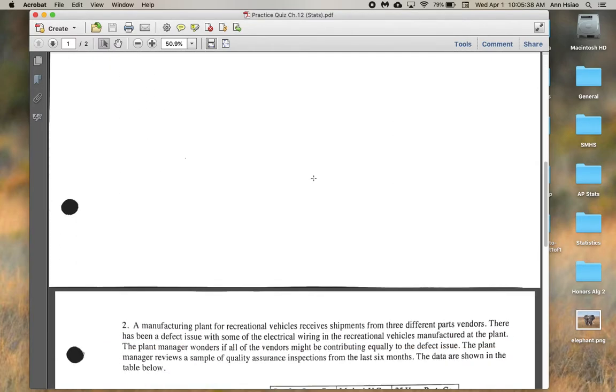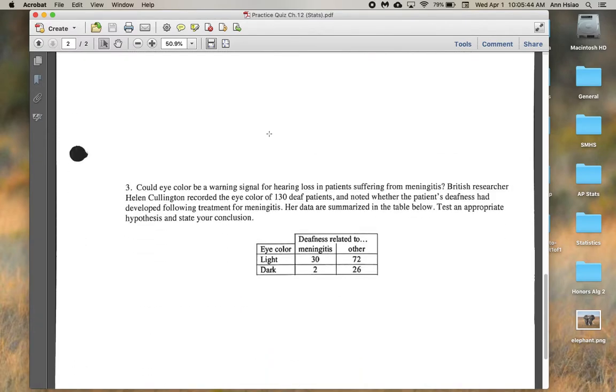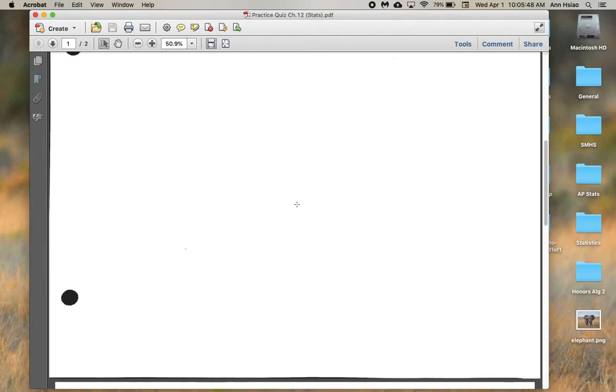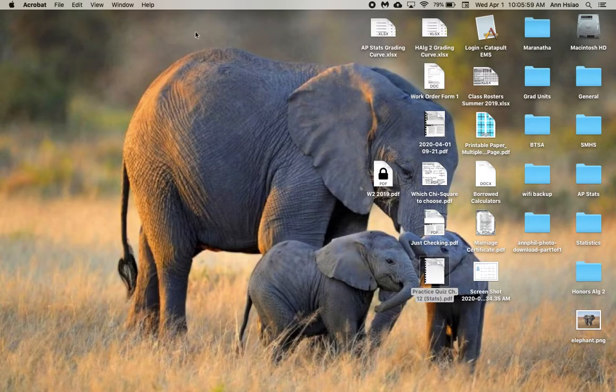If you look at the next page, we have this one and this one. So we have 3 problems for your practice test. Go ahead and try that, and then I'm also going to attach the answer key so you can check. In fact, let me show you the answer key.